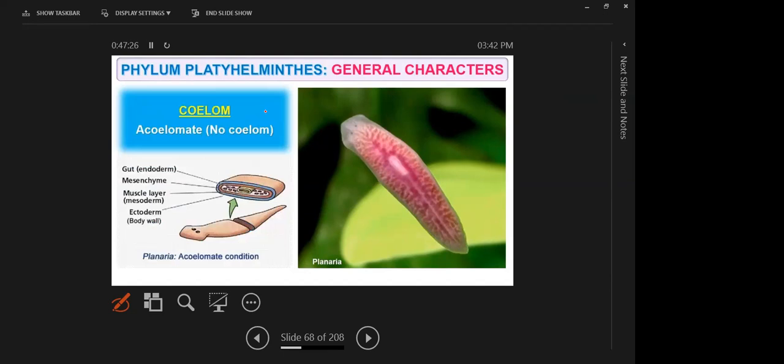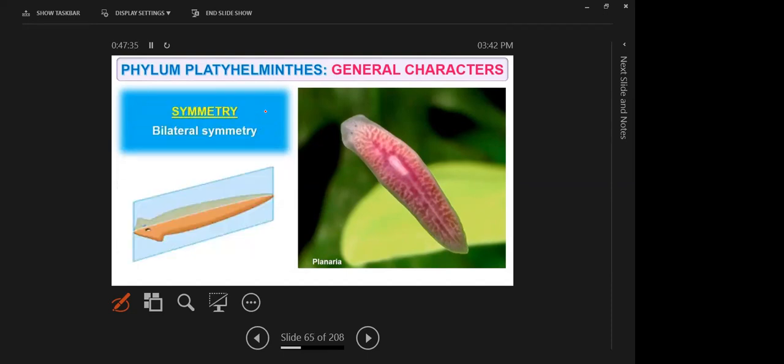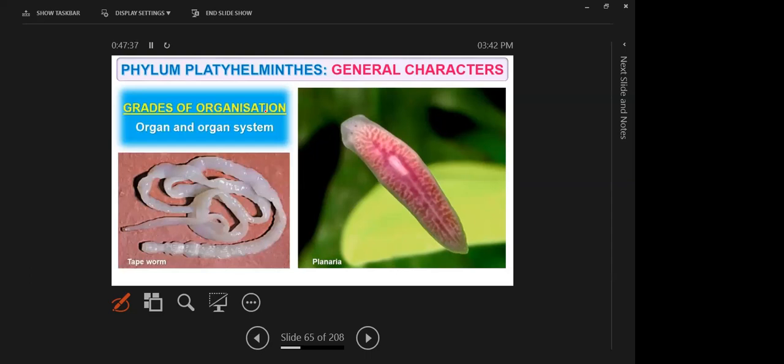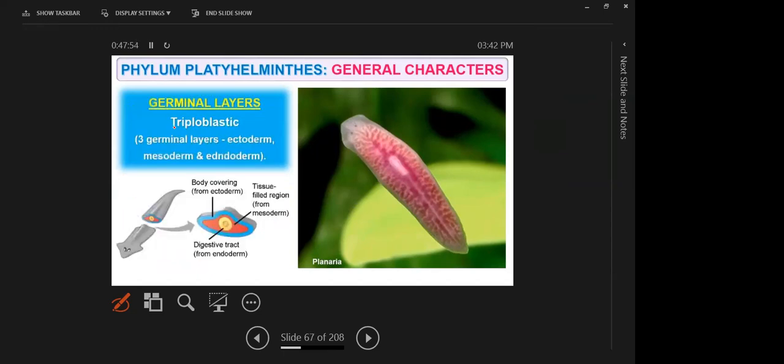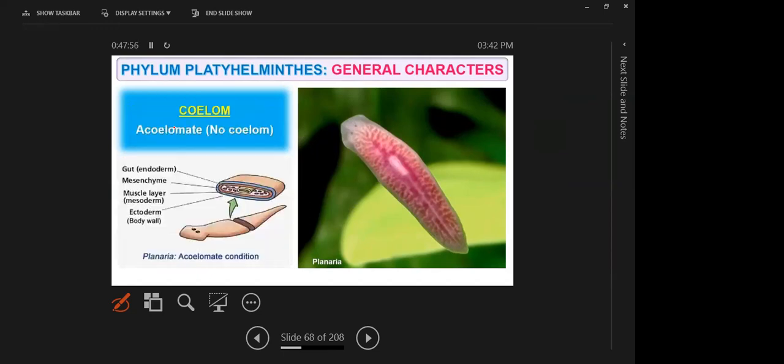So what is their level of organization? Organ level of organization, because they have an excretory system, I'll show you. So then bilateral symmetry, triploblastic, okay, acoelomate.